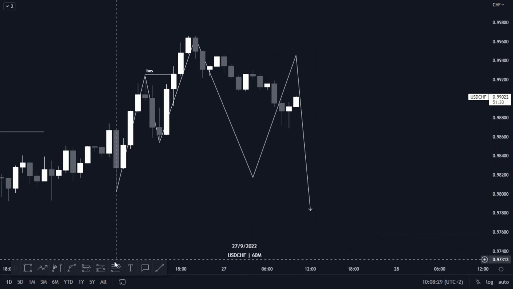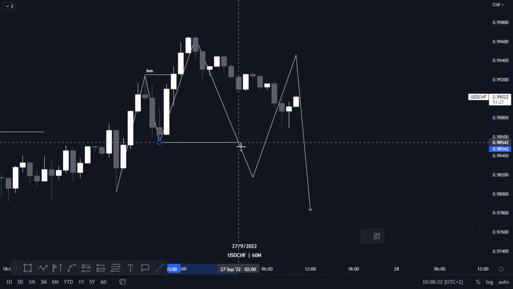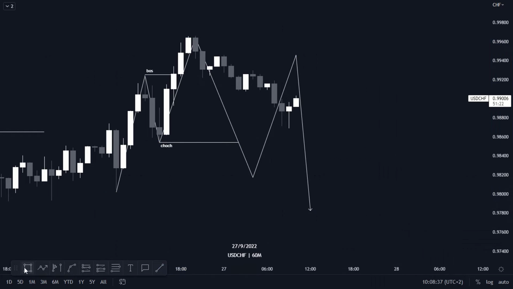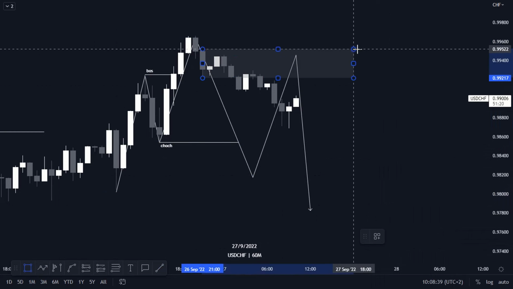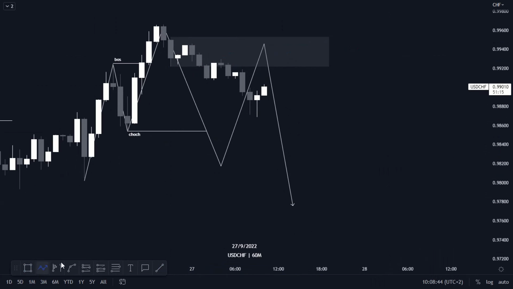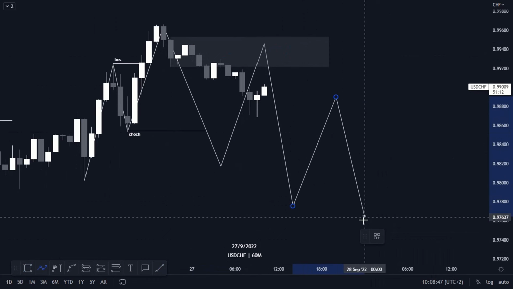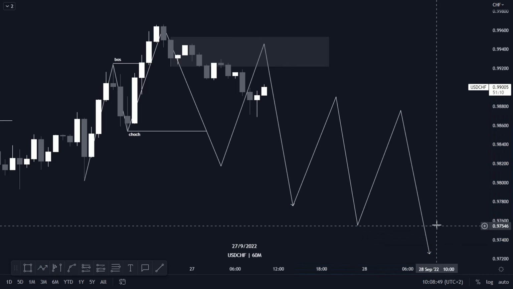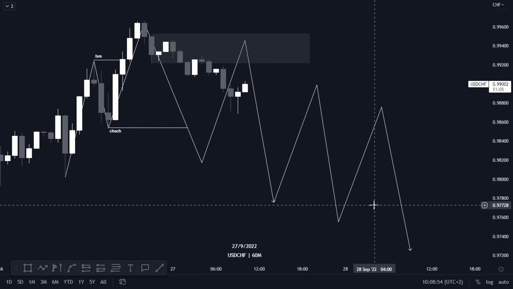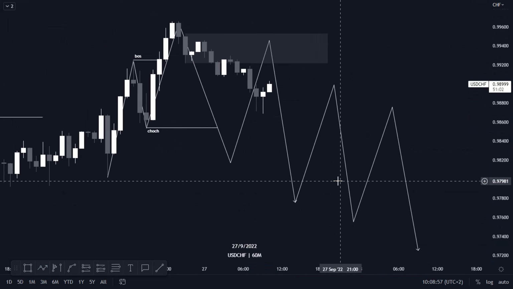Okay, so we're going to need a break of a low to create our change of market character and trade off a supply area here, and then push price to the downside, push price to the downside as a continuous trend like that. Okay, yeah, I think that's it for how you go about doing a top-down analysis, ladies and gentlemen.